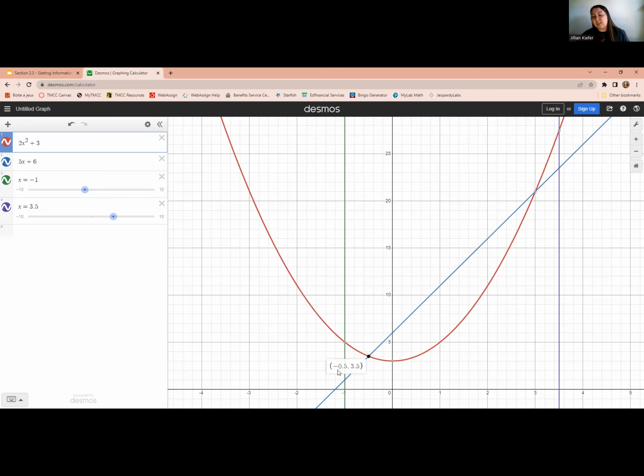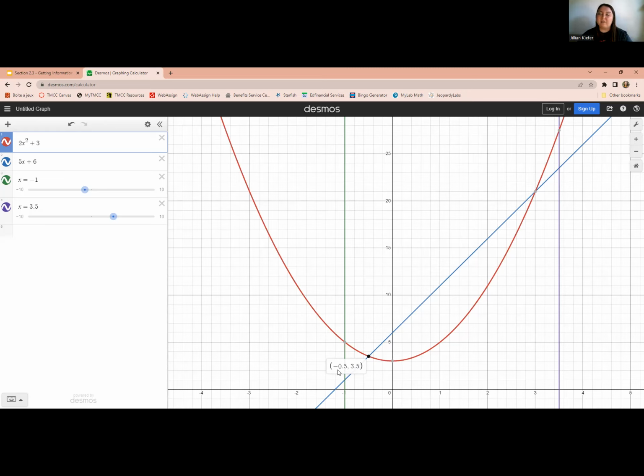So from -infinity to the x value -0.5, our statement is true. 2x squared plus 3 is greater than 5x plus 6. And we will not include the x value of -0.5 because it is a strict inequality.